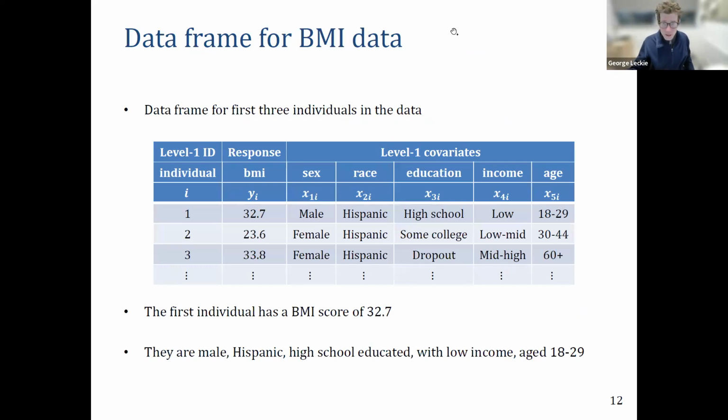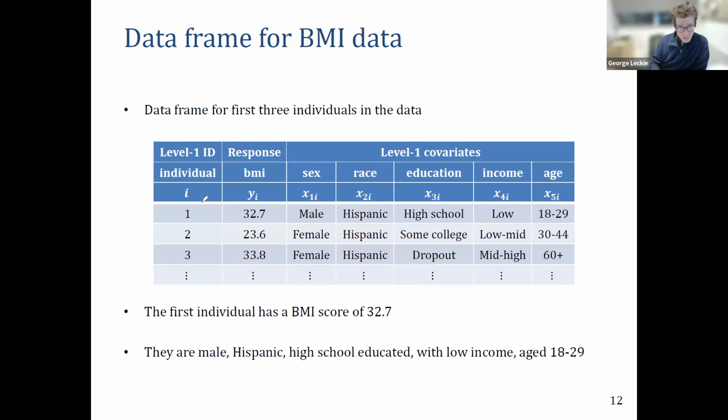So I might get my crayons out at this point and use the wonderful annotate tools in Zoom to do this. Let's pick a nice yellow highlighter. Here's a data frame for the first 3 individuals in the data. This is like the spreadsheet of data and how you might organize your data for this analysis.